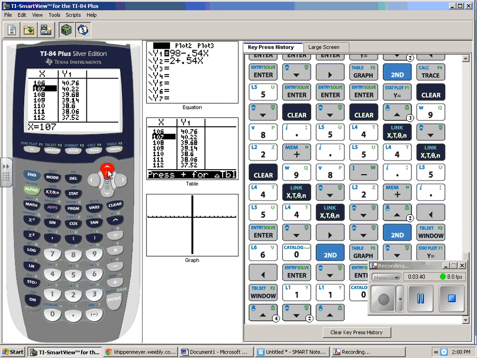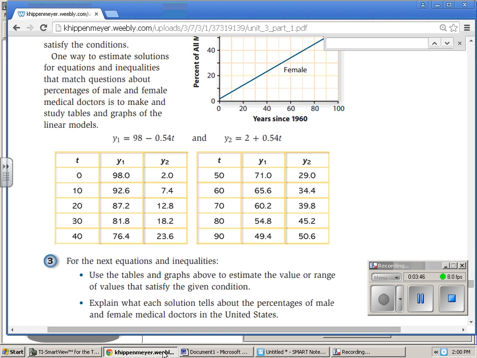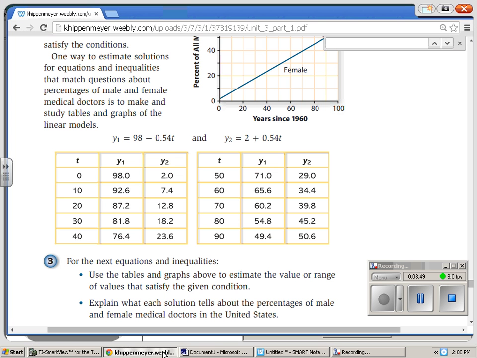So let's go back to the book. Y2 was about 40.22 when T was at 107.